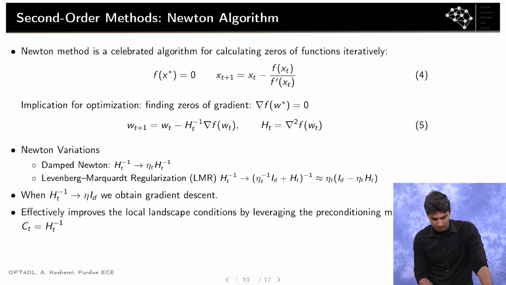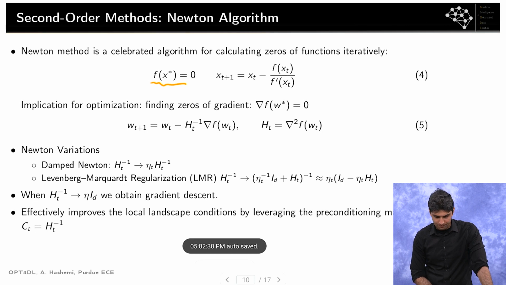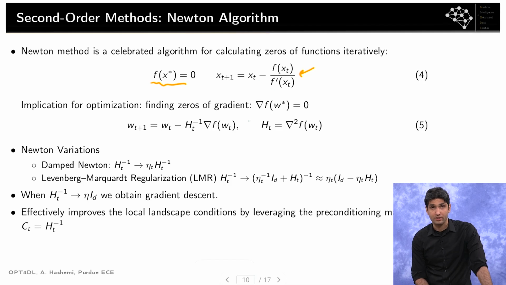In particular, let's say that I'm interested in finding x star that is the zero of this nonlinear function f. Newton algorithm says to perform this iterative update: go from xt to xt plus 1 by subtracting the function value divided by the derivative of the function at xt from your current solution to get the update.